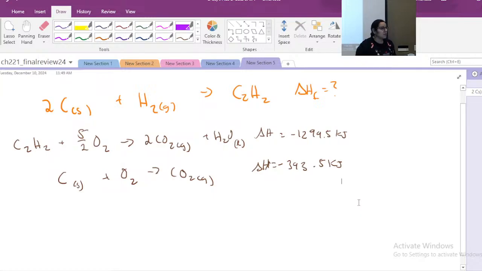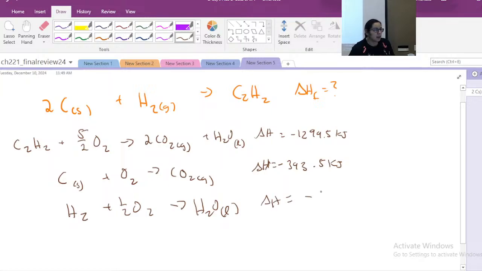And then the last equation that will be helpful is H2 plus half an equivalent of oxygen gives us water, and change in enthalpy, negative 285.8 kilojoules. So I'll let you think about that for a few minutes. How can you arrange these, right, to give us our enthalpy for C2H2?